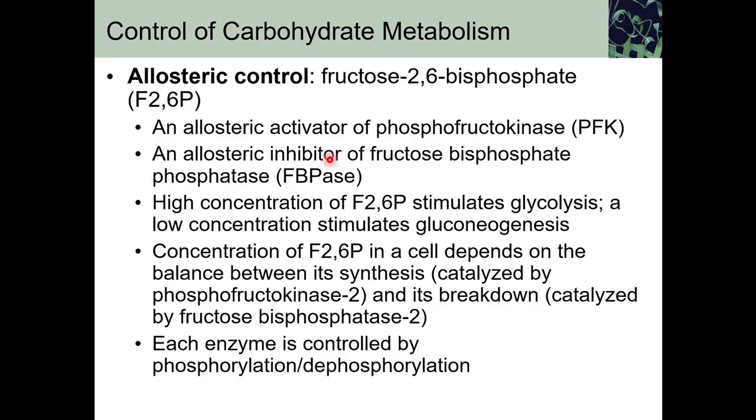Because fructose 2,6-bisphosphate activates phosphofructokinase 1, the enzyme that produces fructose 1,6-bisphosphate from fructose 6-phosphate, and therefore that fructose 1,6-bisphosphate is needed for the generation of ATP, the process of glycolysis, or even in oxidative phosphorylation. Now, does it make sense that the same fructose 2,6-bisphosphate deactivates fructose bisphosphate phosphatase?